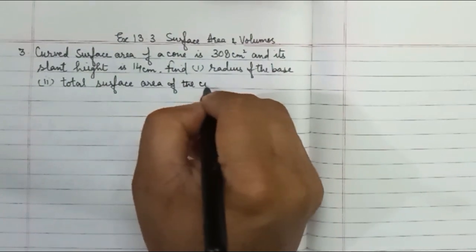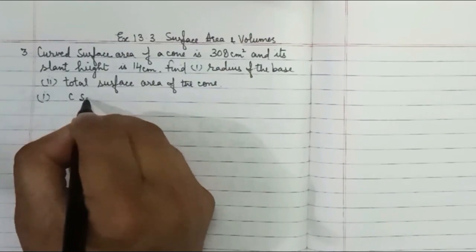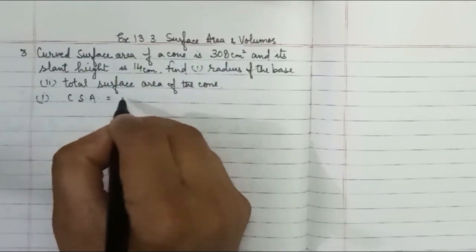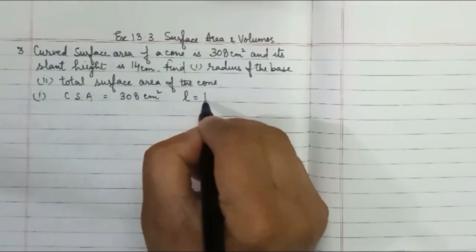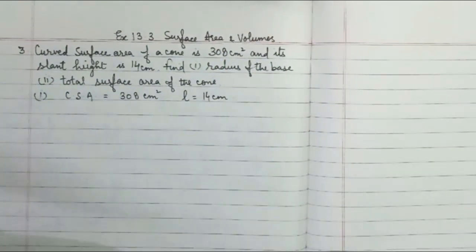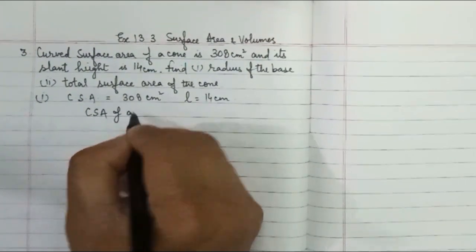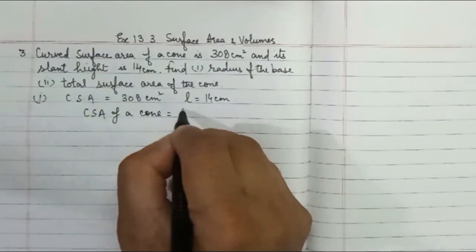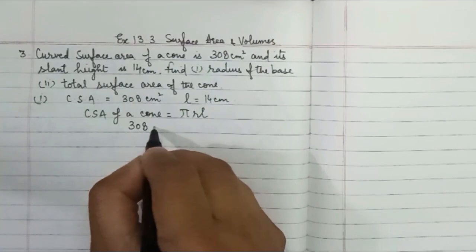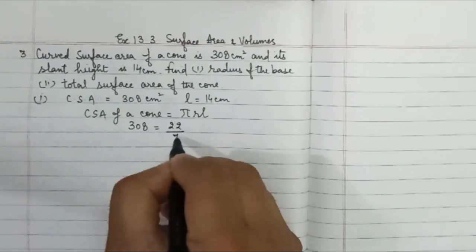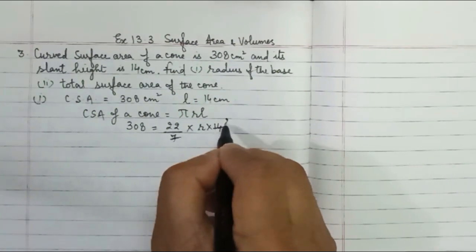Okay, number 1, what is given? CSA is equal to 308 centimeters square and slant height is given 14 centimeter. We know CSA of a cone is given by the formula pi r L. Substituting the values, 308 is equal to 22 upon 7 into r into 14. 7 2s are 14.